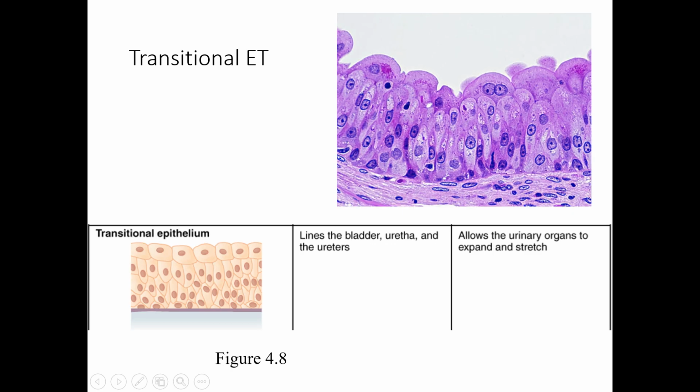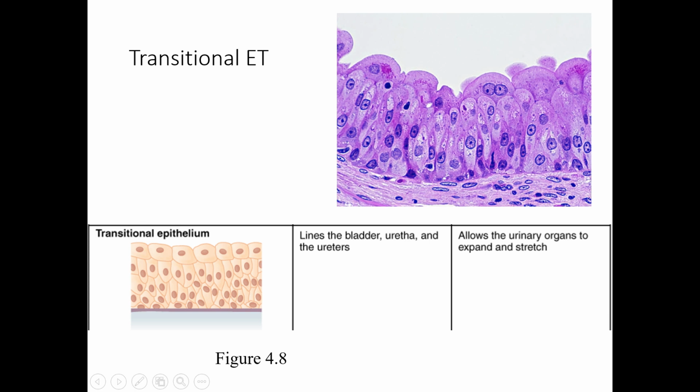Our next one is a transitional epithelium. This one sometimes is difficult to recognize because there are always many layers of cells. There are no cilia on the top. The top, the free edge, is smooth. And at the same time, you cannot say what the shape of the cells is.